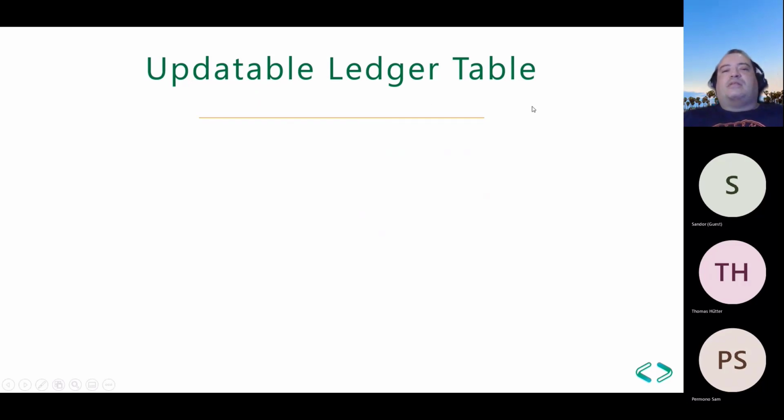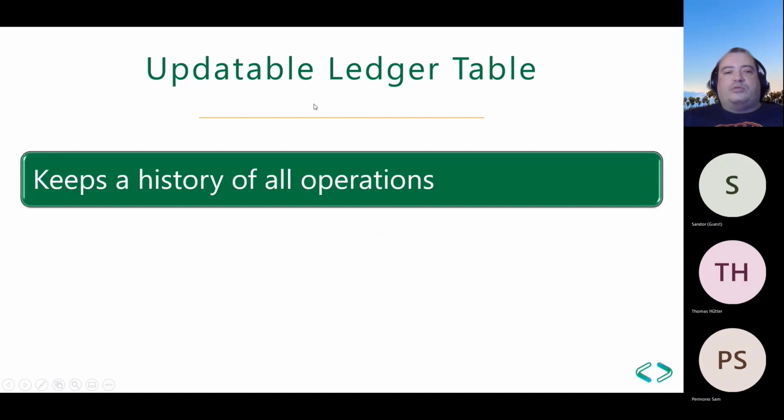An updatable ledger table, as the name says, supports update, so we can update the data inside this table. It supports update, but keeps a history of all operations, including the update operation. All operations will be kept in a history.